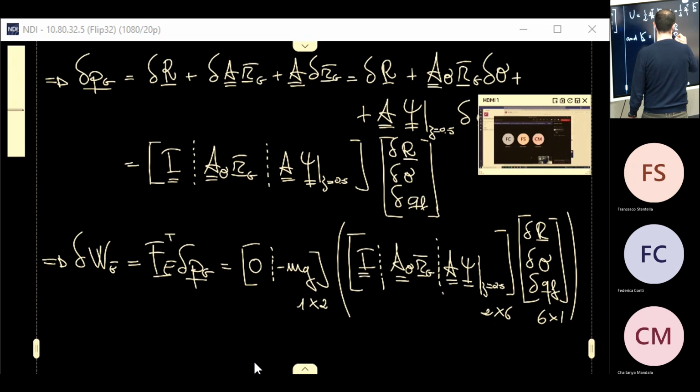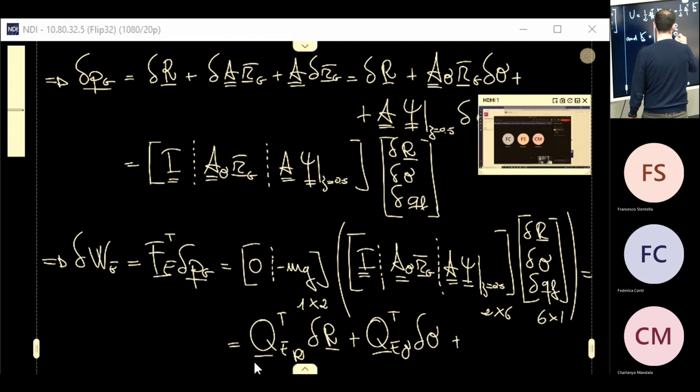But why am I doing this? Because we know that the virtual work can be written as the generalized external force vector Q E R transposed applied over delta R, plus Q E theta transposed applied over delta theta, plus, well, I can still retain the vector, but I know it's a scalar, plus QE F transposed applied over the QF.